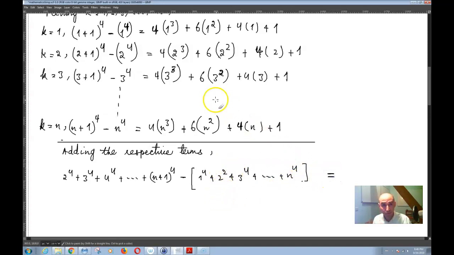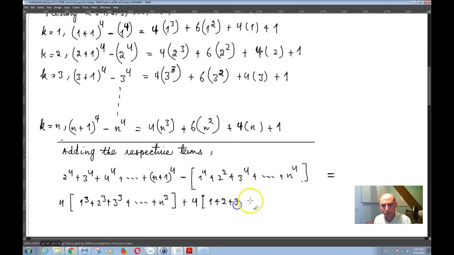That is equal to 4 times 1 cube plus 2 cube plus 3 cube plus all the way up to n cube, plus 6 times the sum of squares, plus 4 times 1 plus 2 plus 3 plus all the way up to n.